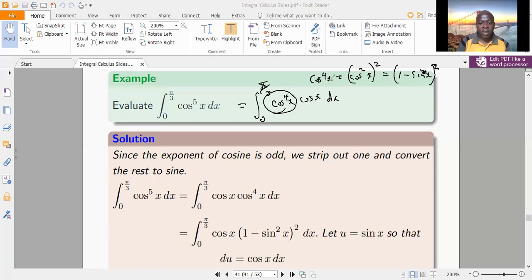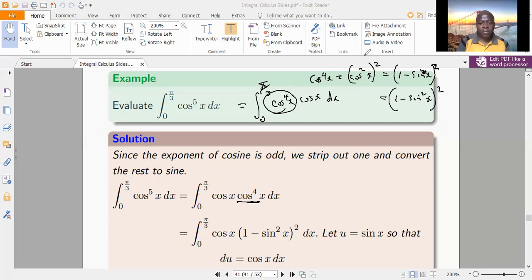That cos x raised to 4 is the same as 1 minus sine x squared, squared. So this is what we'll be seeing me write instead of this. It's here, cos x, and instead of this, I'm writing 1 minus sine x squared, the square of that, dx.